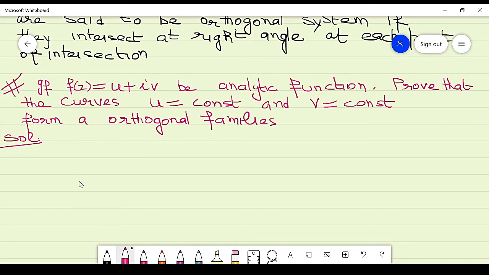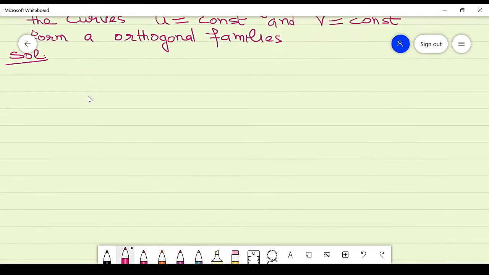Now to prove this result: it means the real part and imaginary part form orthogonal families, so their curves are at right angles to each other at every point.